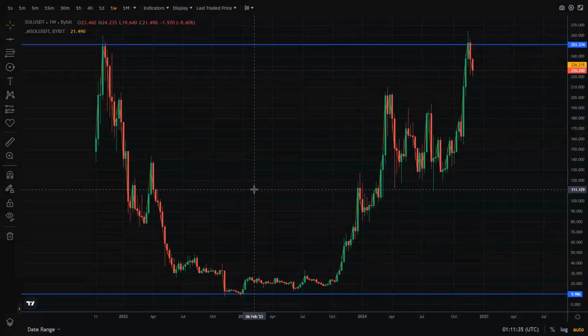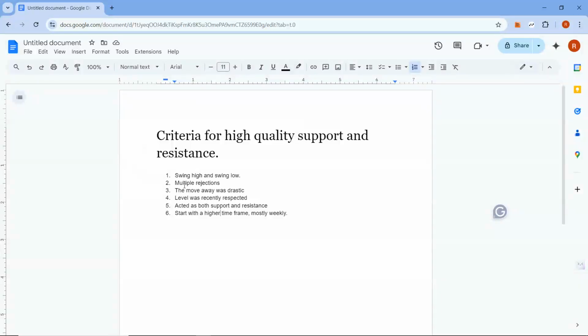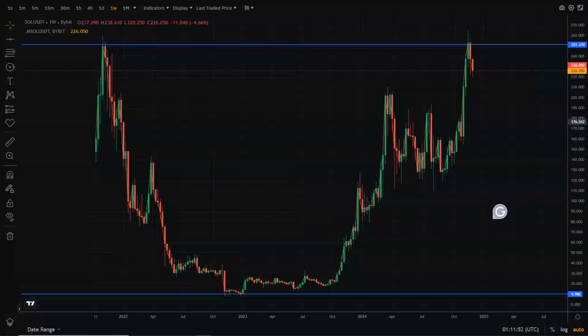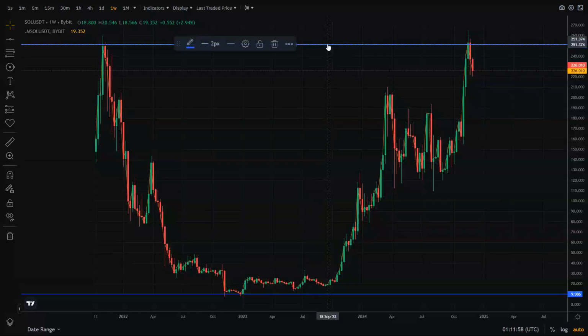After recognizing these two, what's the next thing on our list? It says multiple rejections. It means that high quality support and resistance must come with multiple rejections. What I did here is just a line. In order to make it more presentable, let us turn it into a zone.